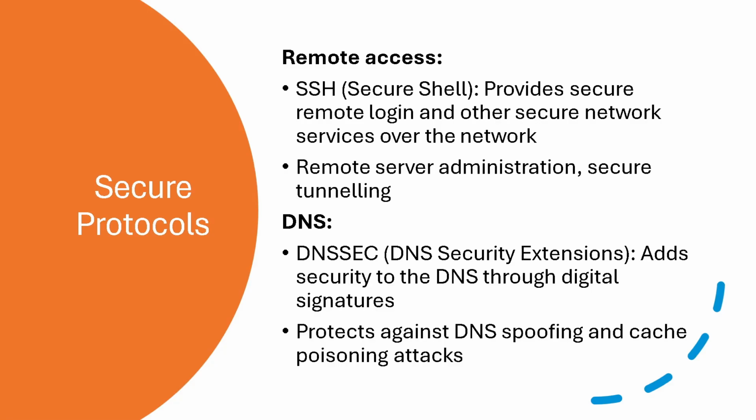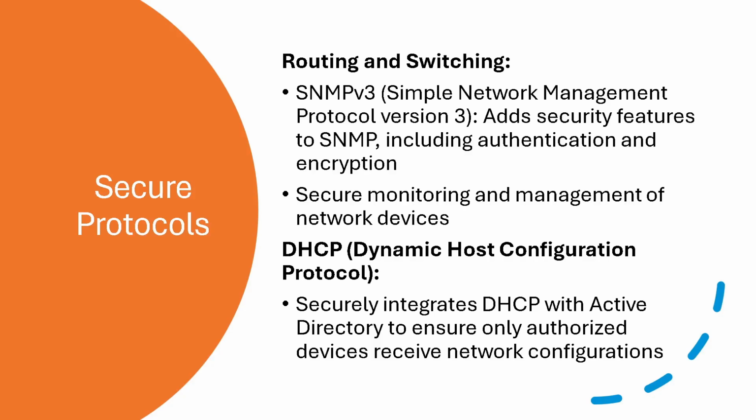DNS. DNSSEC, or DNS Security Extension, adds security to DNS by adding digital signatures. It protects against DNS spoofing and cache poisoning attacks by verifying the files via digital signatures. Routing and switching.